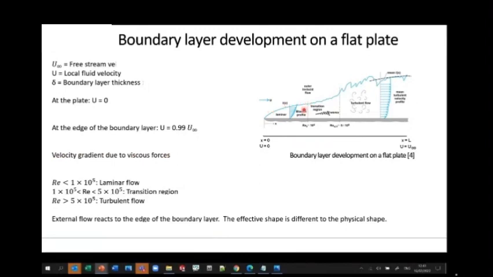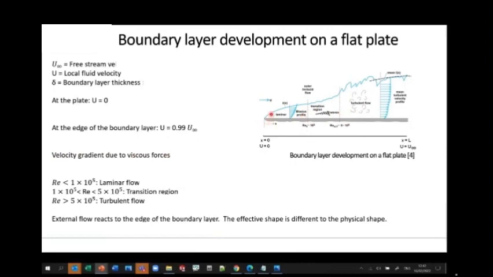Once we get above a certain Reynolds number, that interaction is complicated by the fact that our fluid is no longer laminar. We're entering this transitional region, and then we move on and we get towards this turbulent region. So not only have we got the viscous nature of the fluids interacting in the boundary layer, but we also have the fact that our fluid is moving from a laminar flow to a transitional flow to a turbulent flow.